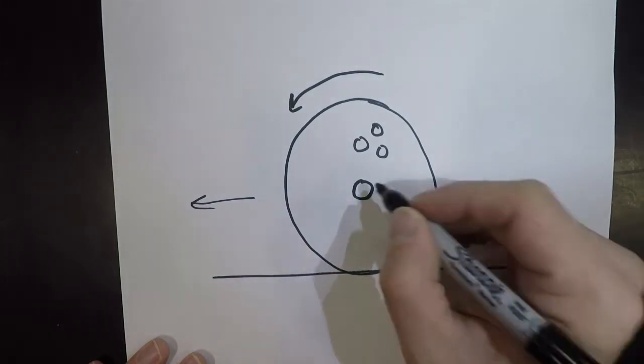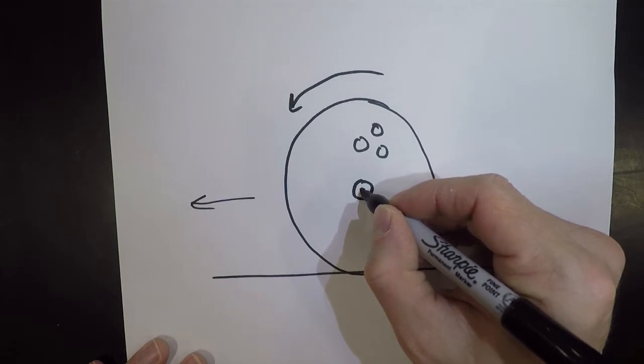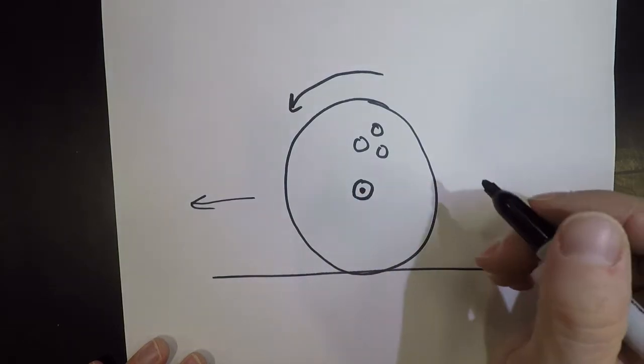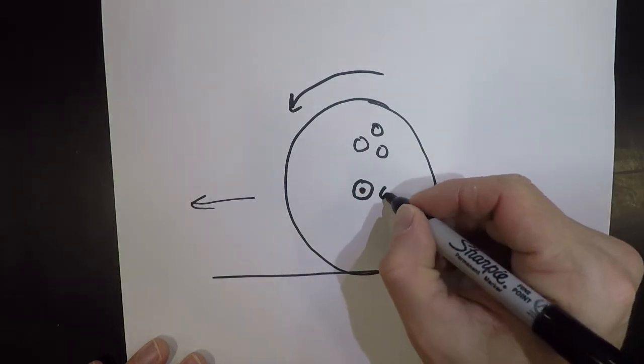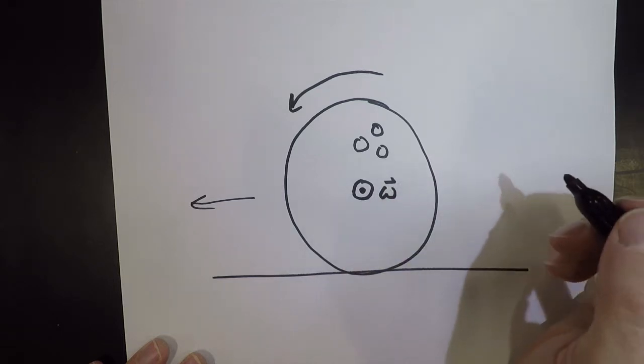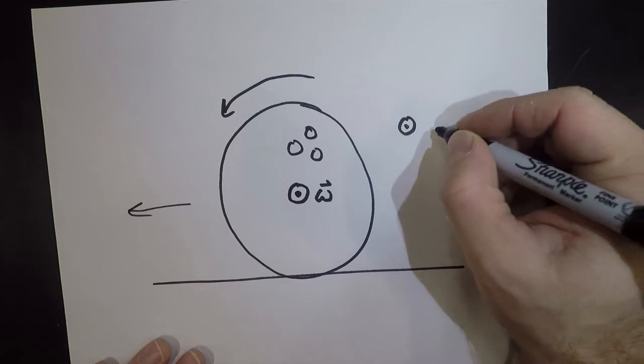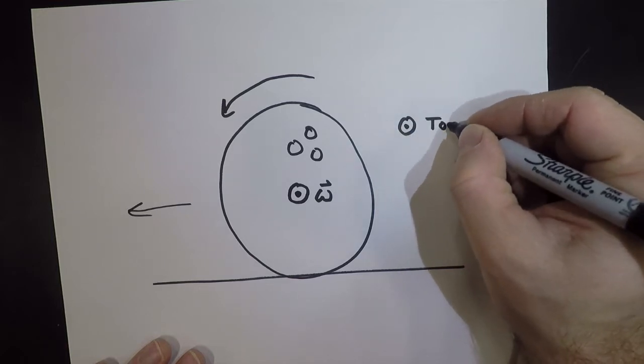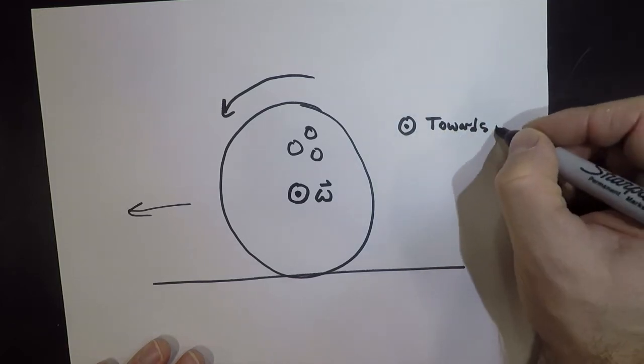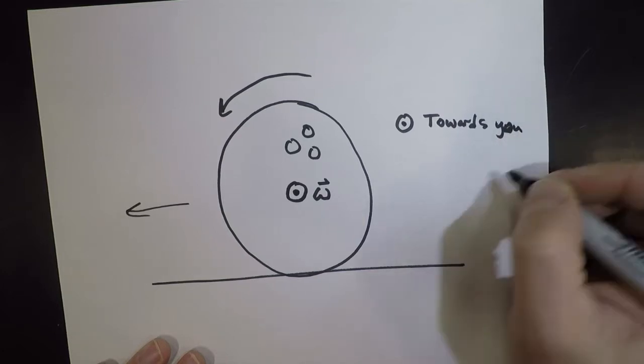So I need a way of representing this, and the way that we show an arrow that's coming out of the drawing is with a dot, something like this. So this is the direction of omega in this case. So our convention is that if an arrow is pointing towards you, it looks something like this.